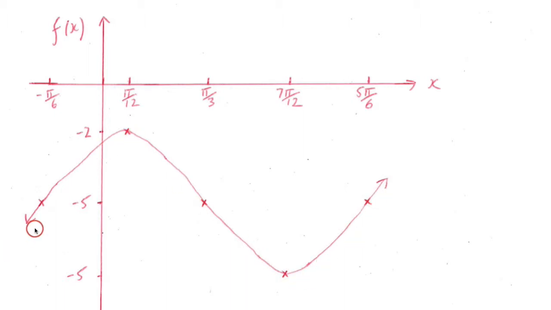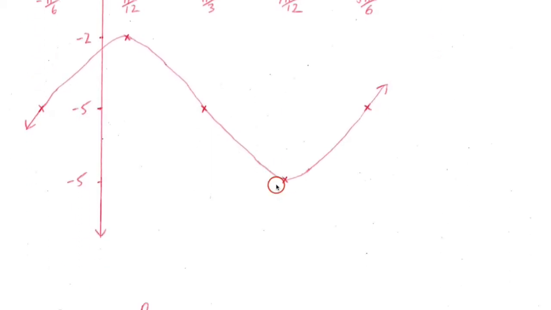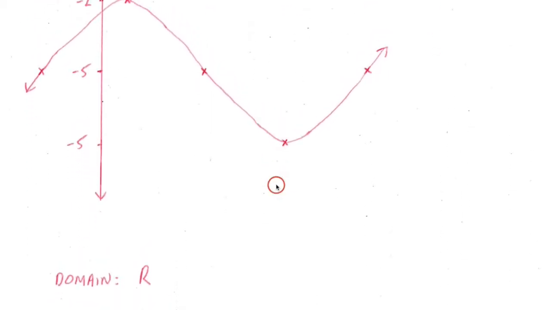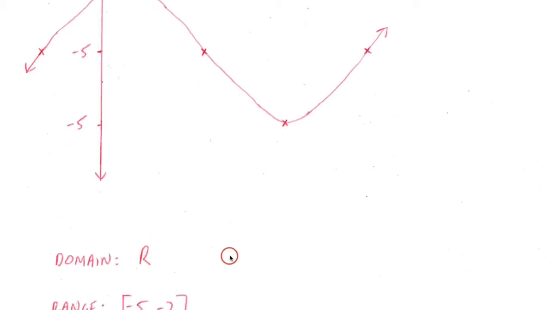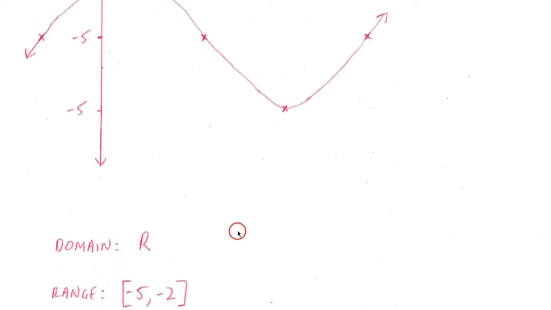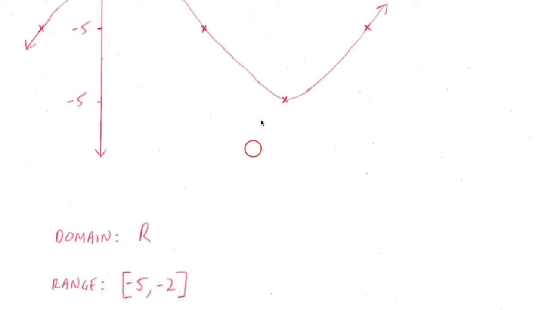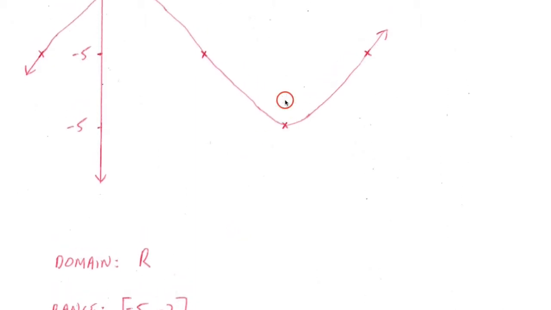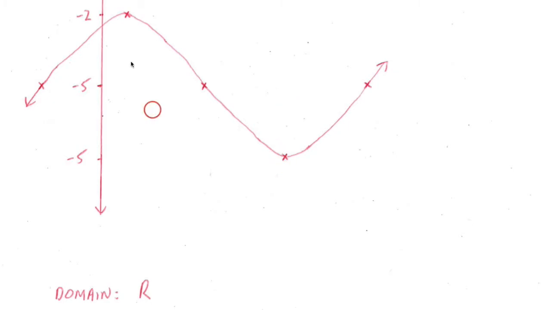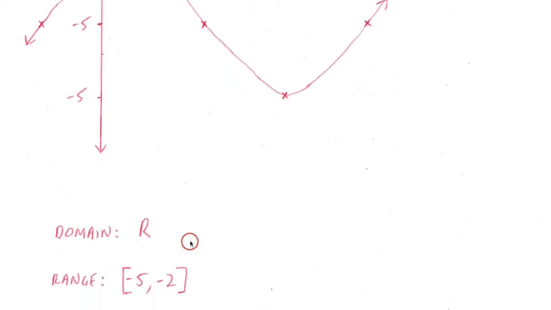And notice, because there's no domain restriction, I've drawn arrows showing that the graph goes on indefinitely in either direction. I was asked to state the domain and range. So the domain is R, the set of all real numbers, so it can go on indefinitely. And the range, my lowest value that I have for y is -5, and the highest value I have is -2, and I am including those, so they're written with square brackets.